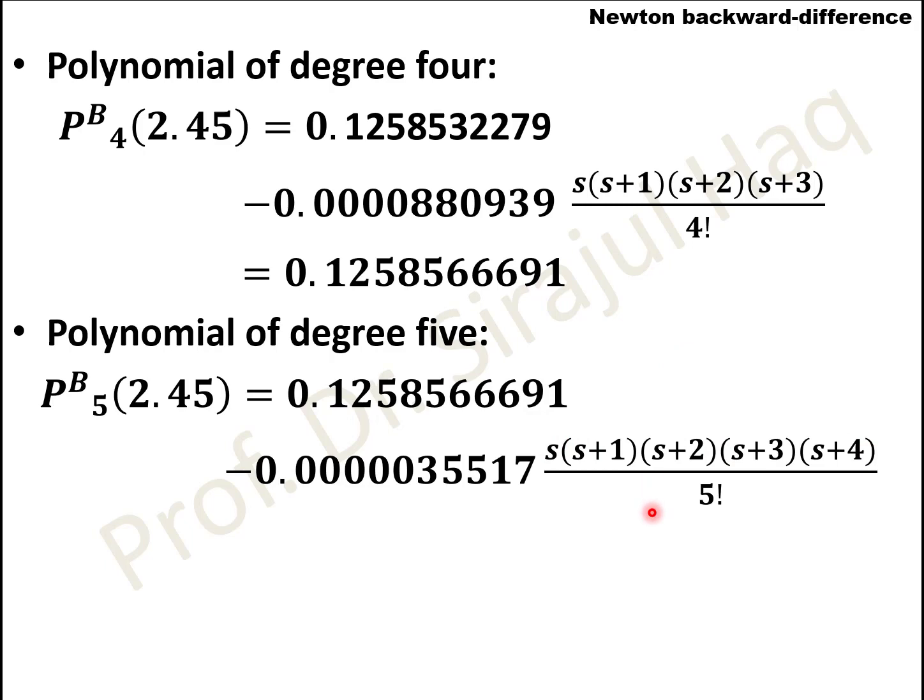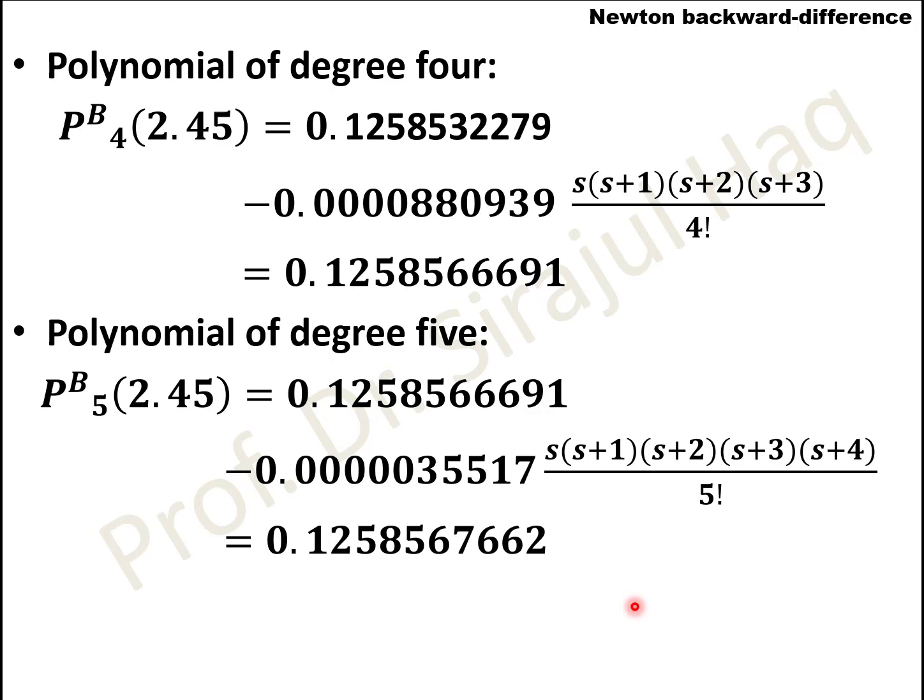That sign is also negative, so minus and minus will become positive. That's the reason the sign of this term is positive, and this value is nabla raised to the power 5 f of x5. When you replace the value of s in this formula, this is the approximated value of your function using the backward polynomial of degree 5 at x equal to 2.45.